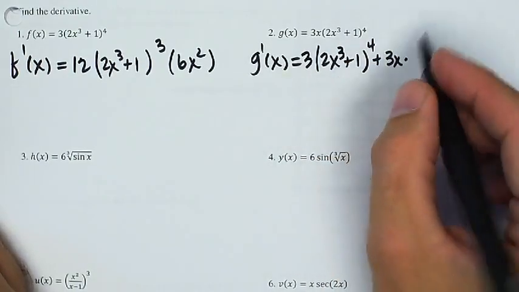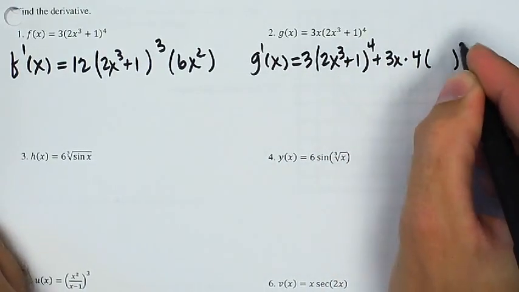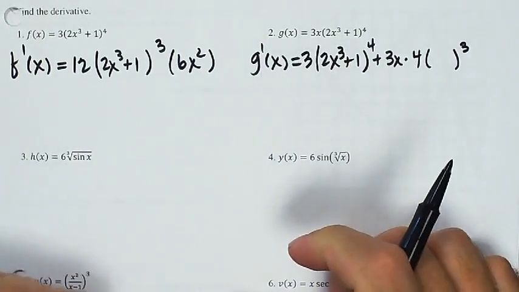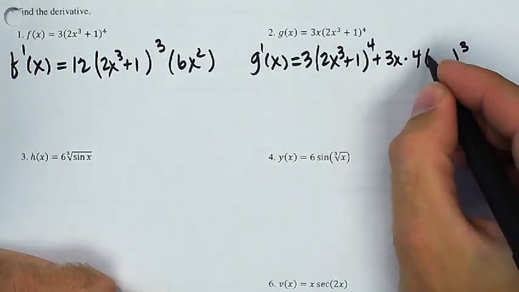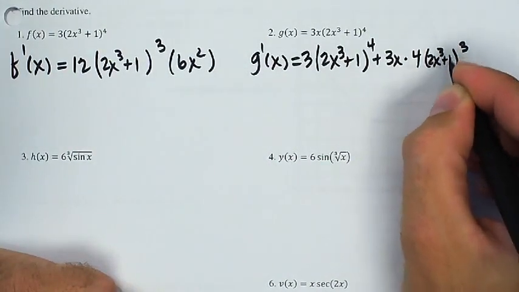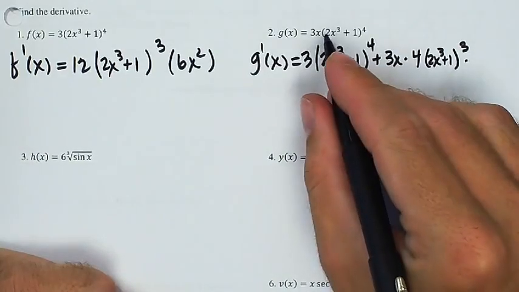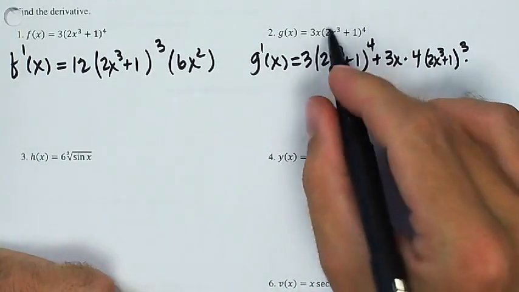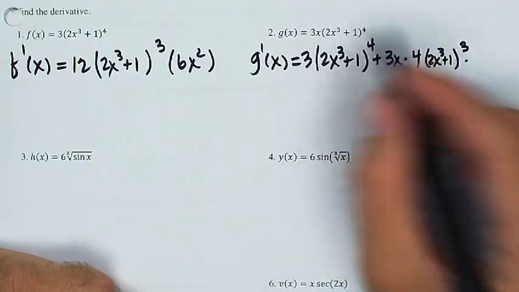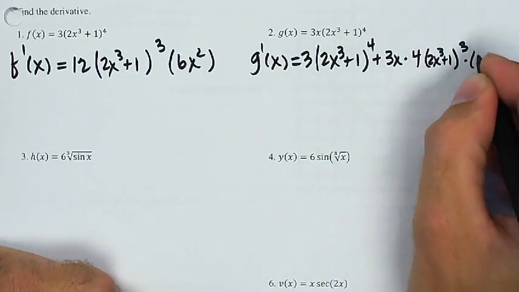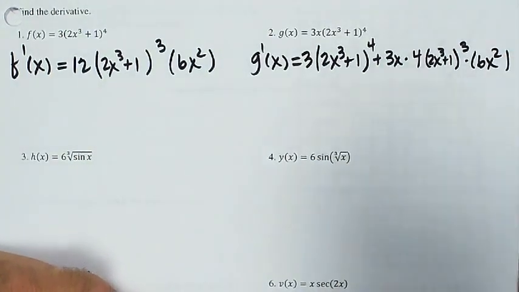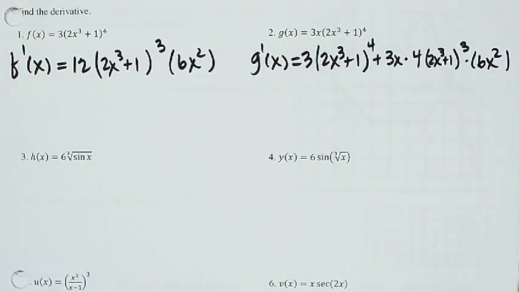Well, the derivative of a thing to the fourth is 4 times that thing to the third, times the derivative of that thing. Okay, times the derivative of the inside. That's going to be 6x to the 2. That's kind of a lot for a derivative, but that is a formula that is going to work.